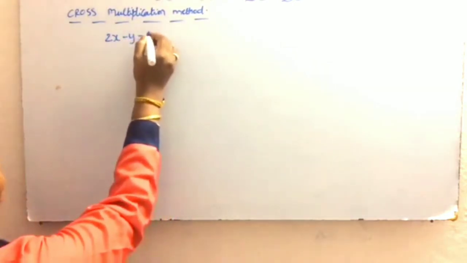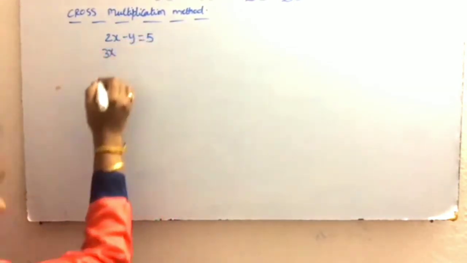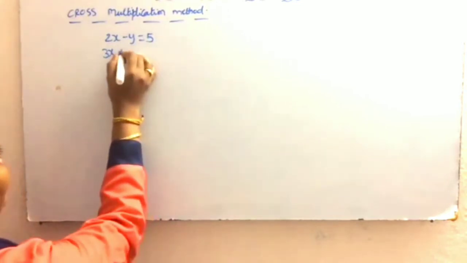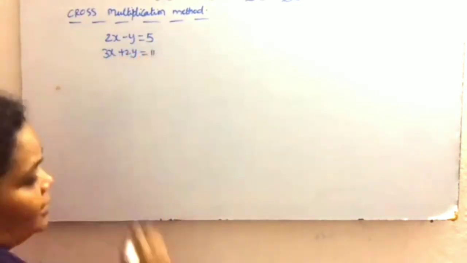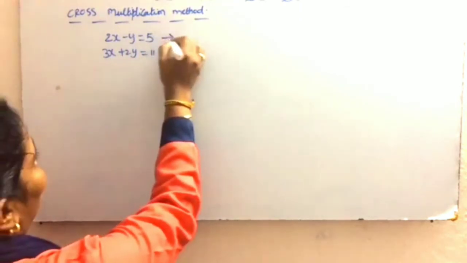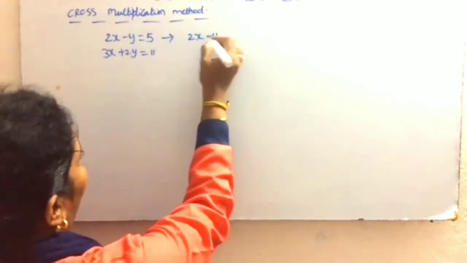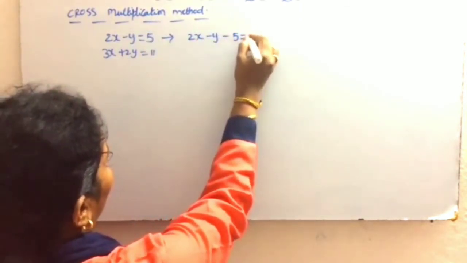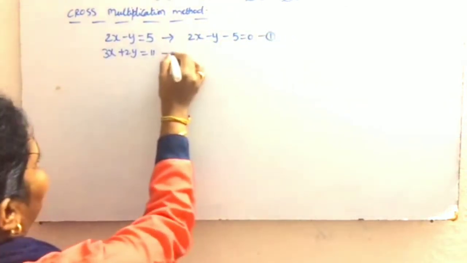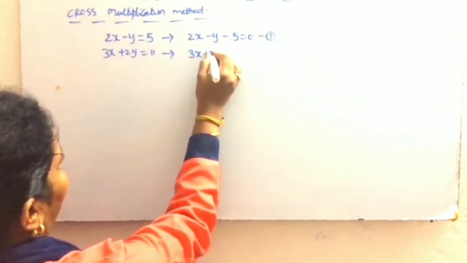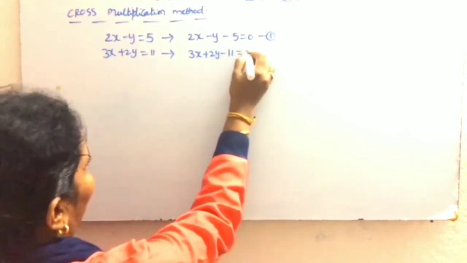I will take the same equations: 2x minus y equal to 5 and 3x plus 2y equal to 11. Now in this method, first we will write the coefficients. I will write this equation as 2x minus y minus 5 is equal to 0, and this equation as 3x plus 2y minus 11 equal to 0.